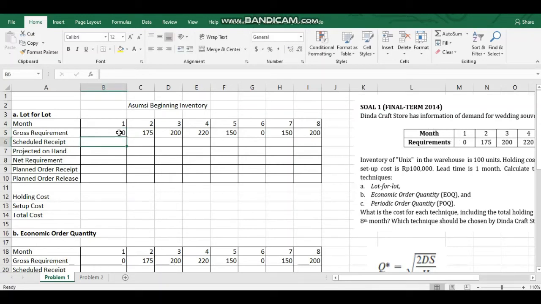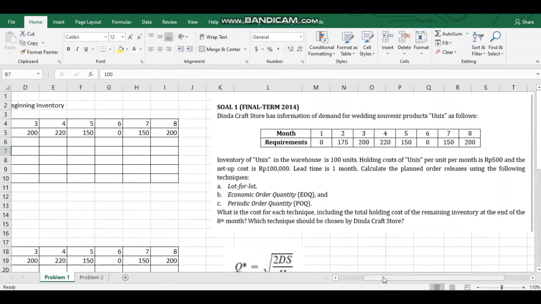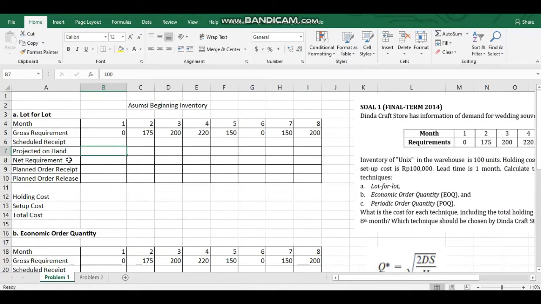You just have to copy it, and then don't forget that we have 100 units as our beginning inventory. So we place that 100 in projected on hand. Projected on hand is another word for inventory. And then next we could start doing this lot sizing calculation.